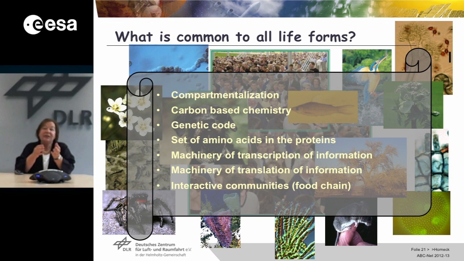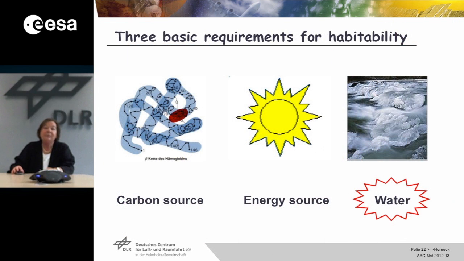The same machinery transcribes this information into the daughter cells, and the same machinery translates this information into proteins. And we have interactive communities, food chains. So that's the same for this large variety of different life forms on Earth.